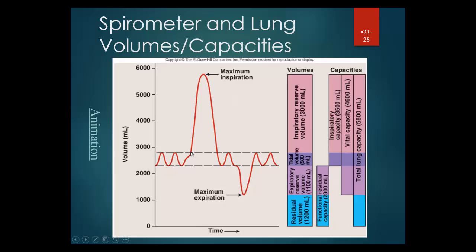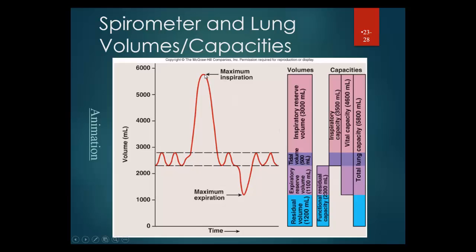If we measure that, we start at the top here where we have just a normal quiet inhale of 500 mils, and we measure that all the way until the lungs can no longer expand, and that would end right about here. So that value is about 3,100, or in this particular diagram it says 3,000 milliliters of extra air that can be inhaled after a quiet inhale. So we call that the inspiratory reserve.